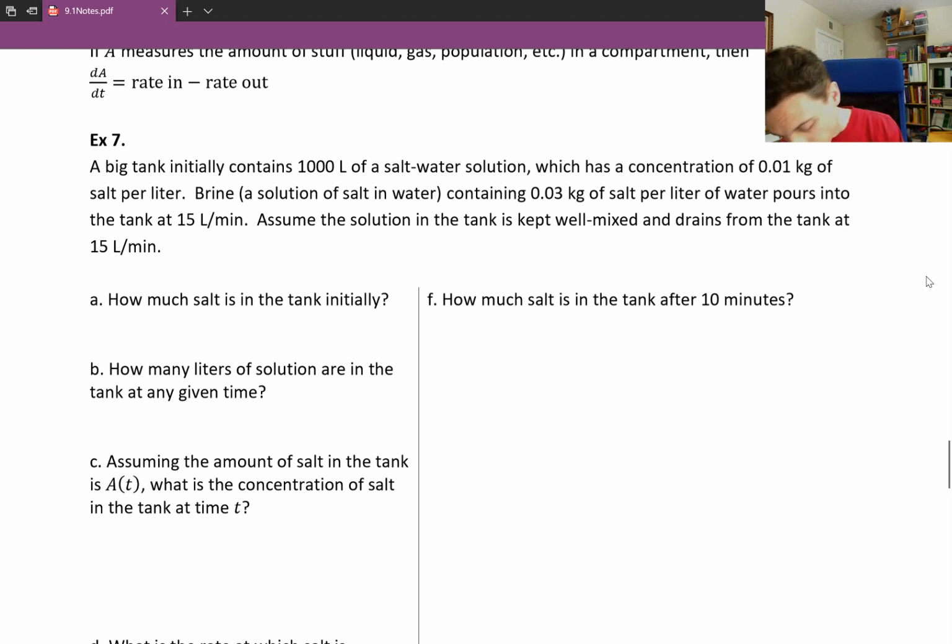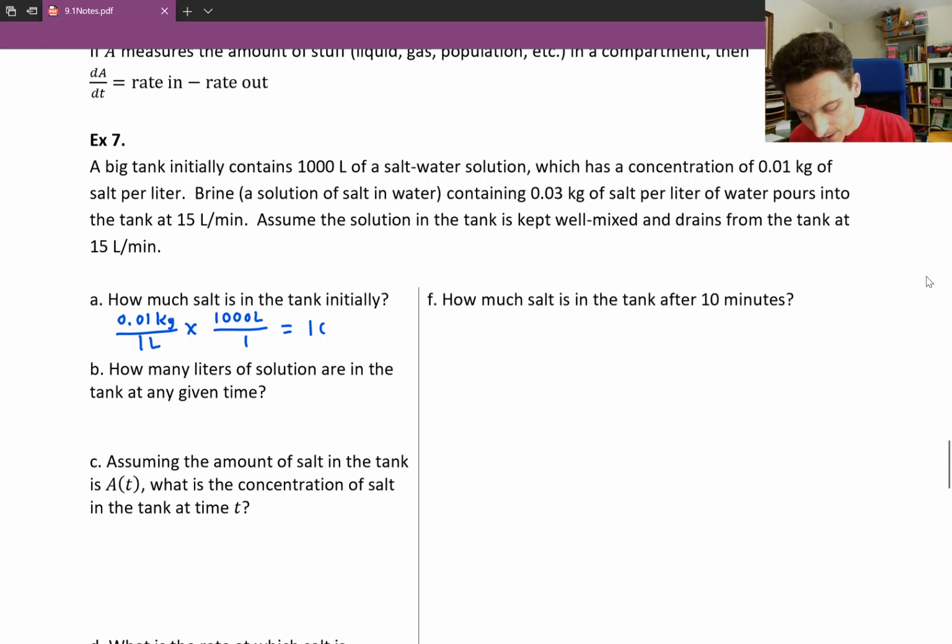the concentration of salt, so 0.01 kilograms of salt per liter, right, per 1 liter, and multiply it by 1,000 liters, then we're going to get the number of kilograms of salt in the tank at that initial time.